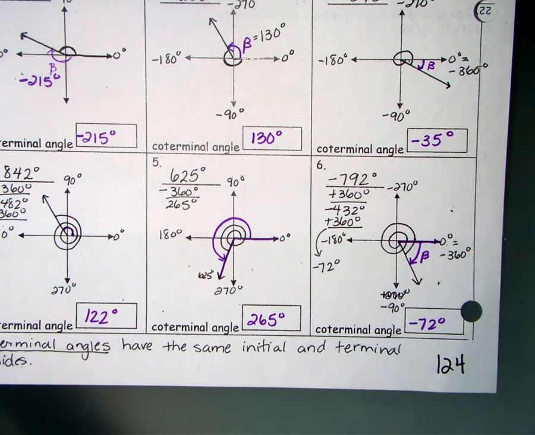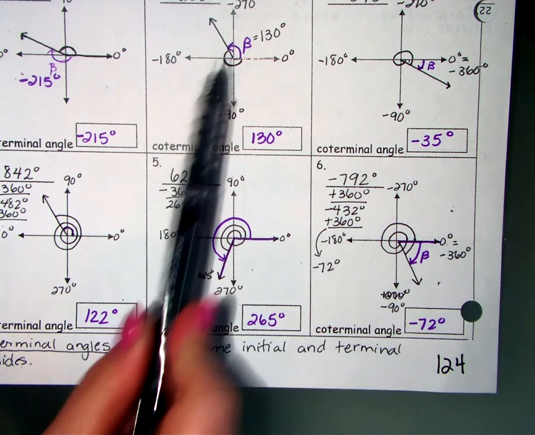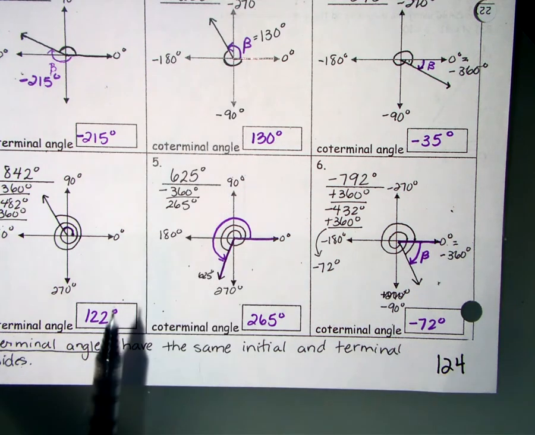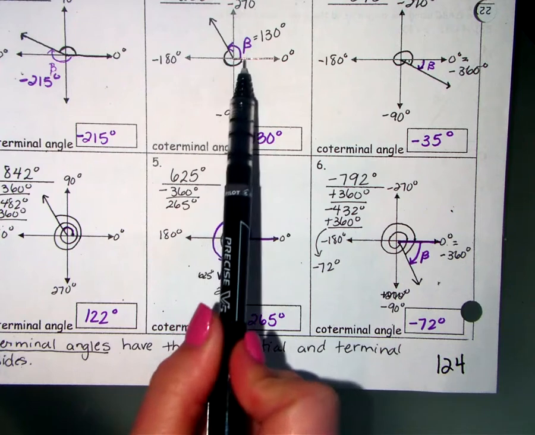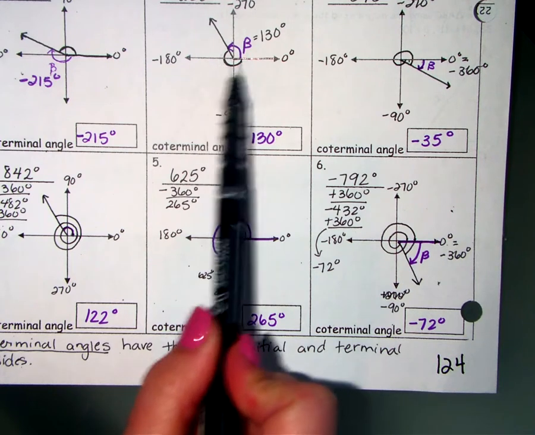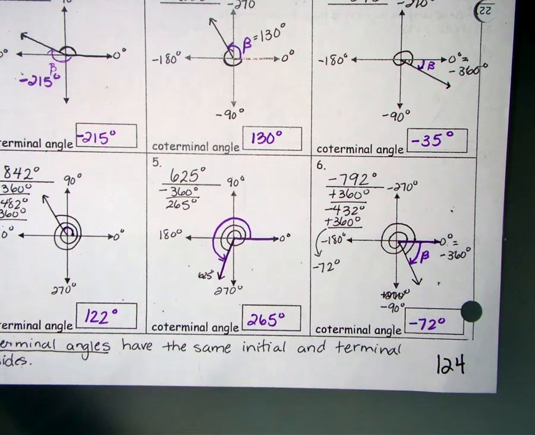You need to show all of the rotations and in what direction. And then you need to find a coterminal angle, which could be an angle that's between 0 and 360, 0 and negative 360, or in this case, it could be the other piece of the angle to get all the way around the circle. So if I'm going one direction, it's the other smaller little spot.